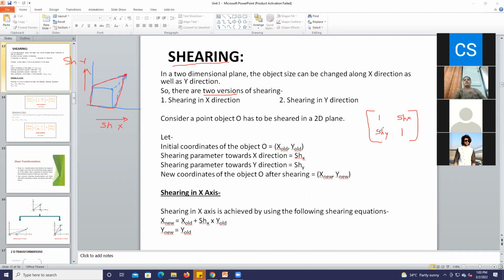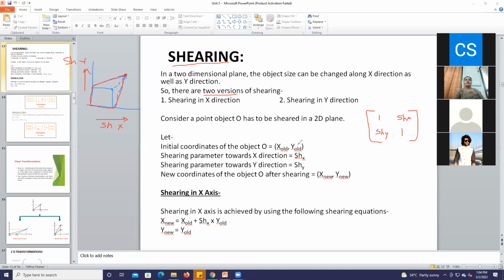This is the T matrix for shearing. So always remember, this is the MCQ kind of question, that the off diagonal elements in the matrix are responsible for shearing. So always remember, the off diagonal elements are always responsible for shearing.